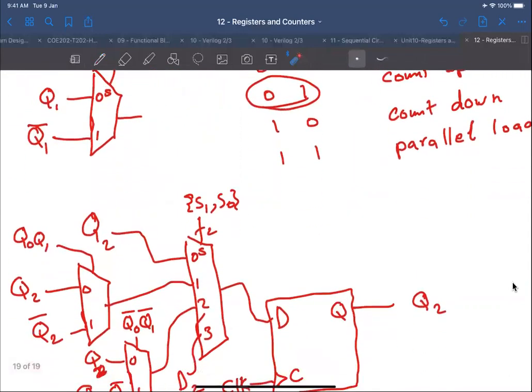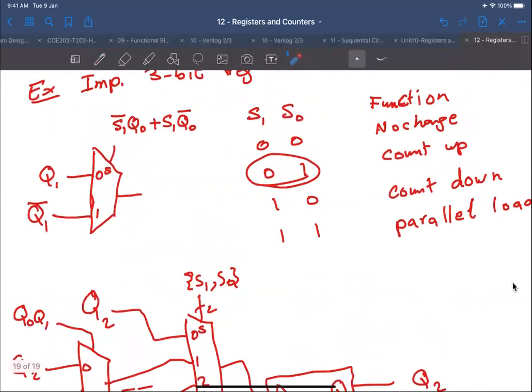Also note that we can have a 3-to-1 multiplexer instead of a 4-to-1 multiplexer. For a 3-to-1 multiplexer, we can decompose it into 2-to-1 multiplexers, which is much better than a 4-to-1 multiplexer in terms of the number of gates.